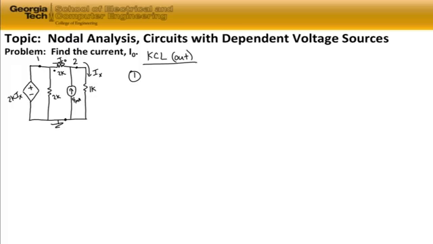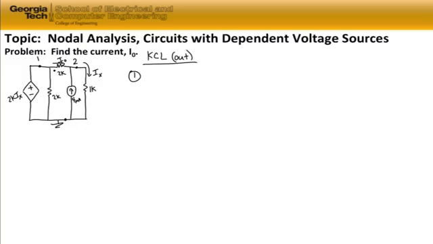So that would introduce a third variable. If we did it that way, we'd find that we have two equations that we could write for the nodal equations and three unknowns. And we wouldn't have enough equations to solve for all of the unknowns.